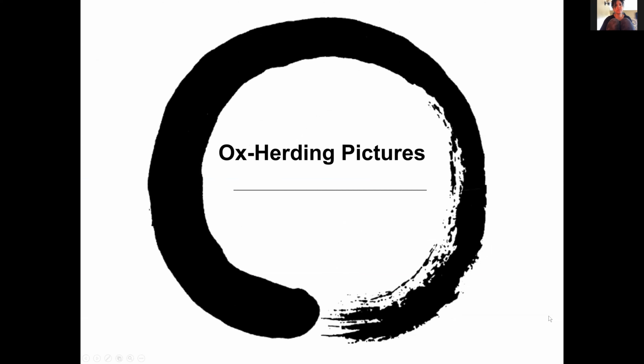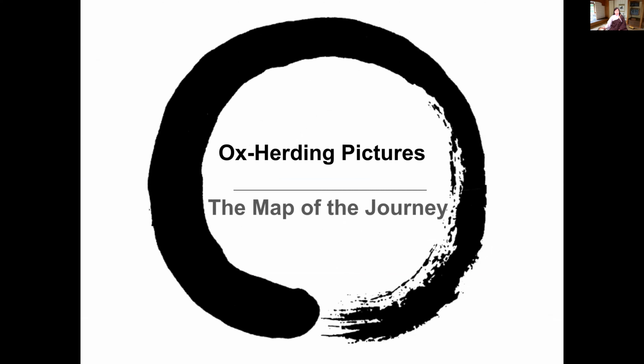Okay. So today we're going to cover the ox herding pictures, which is the map of the journey of enlightenment in the Zen practice.